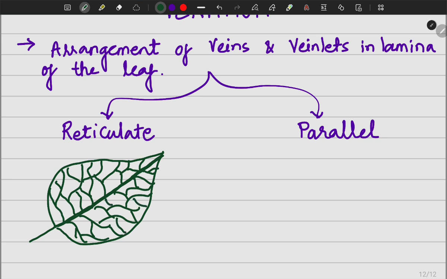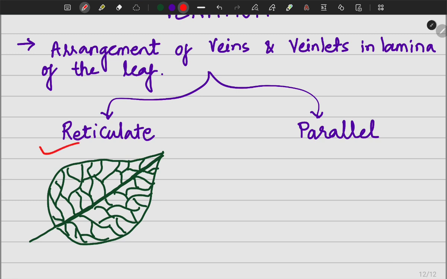If you look closely, you will see that a network or a mesh kind of structure is present in the lamina of the leaf. Then this kind of arrangement of veins and veinlets is called reticulate venation.